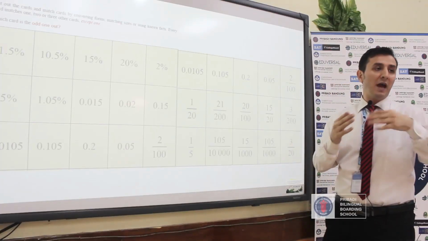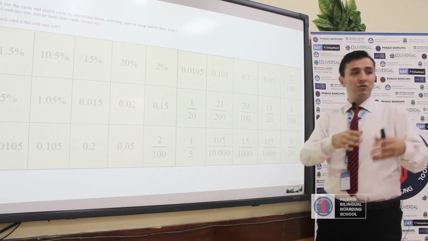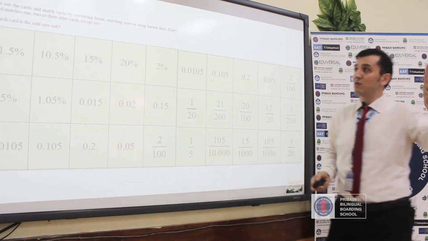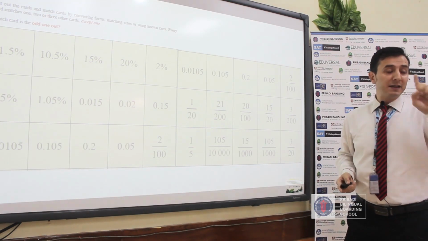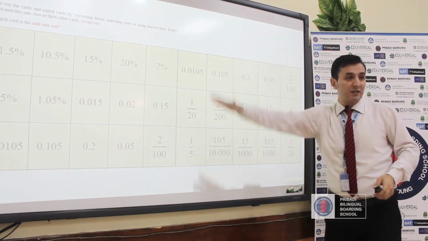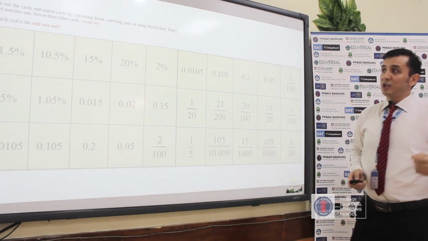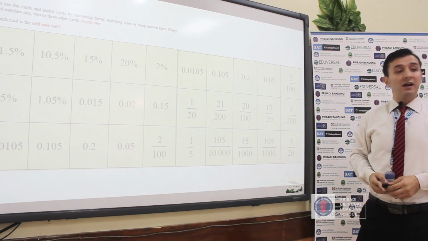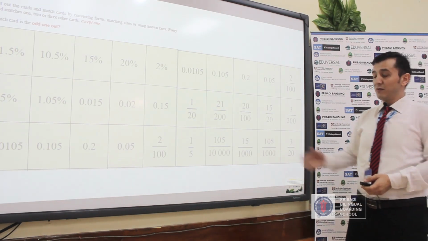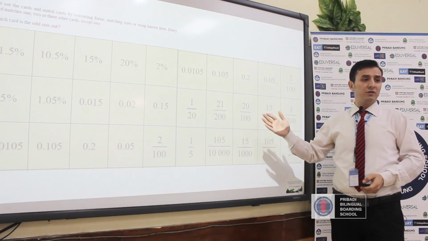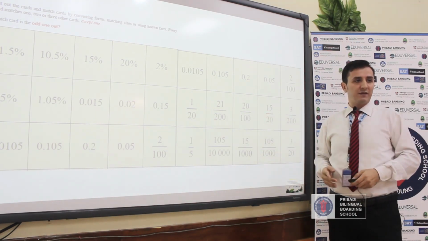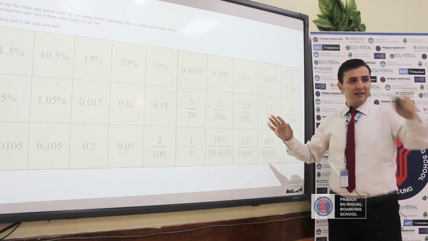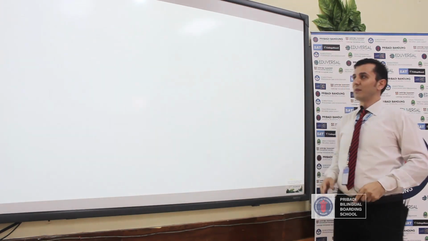They should match in twos or threes, but just one of them does not match. So which card is the odd one out? If you are interested, you can study it yourself. This is an activity at home for you.